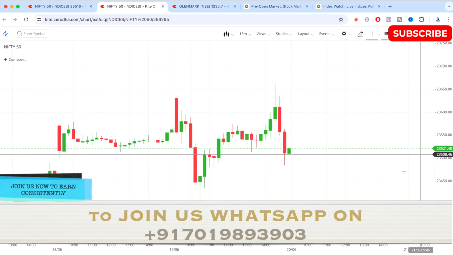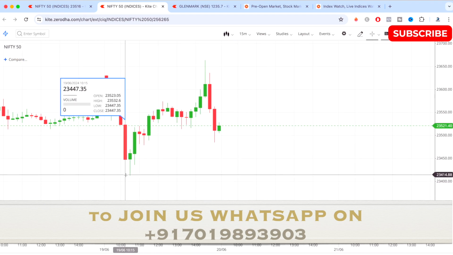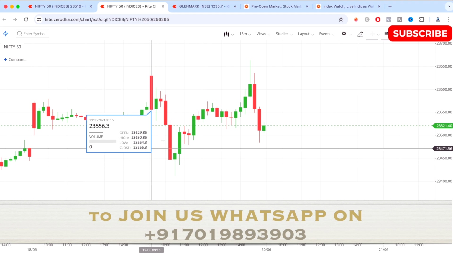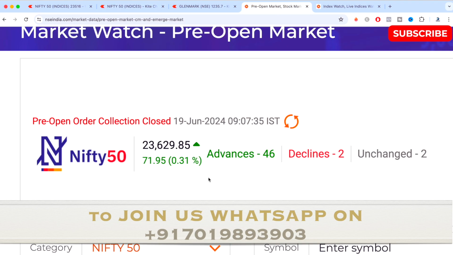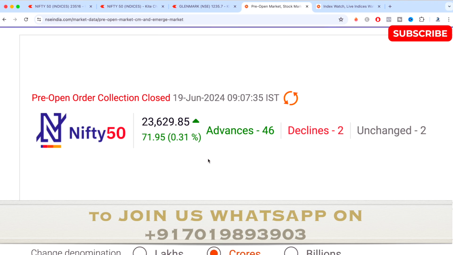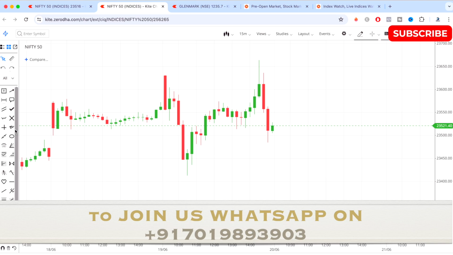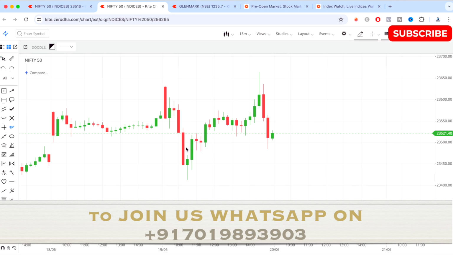So guys, that being said, now let's talk about the Nifty 50 movement for the day. This is how the Nifty 50 has performed for the day. The market opened 0.31% up, and today it was a bit volatile. It has moved in both upside and downside, as you can see. This is where the Nifty 50 opened for the day.